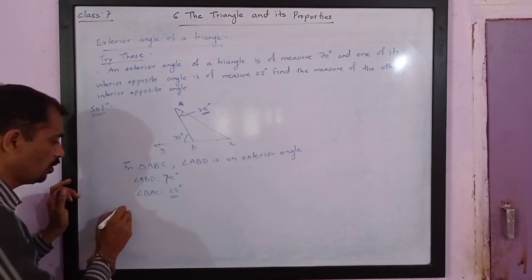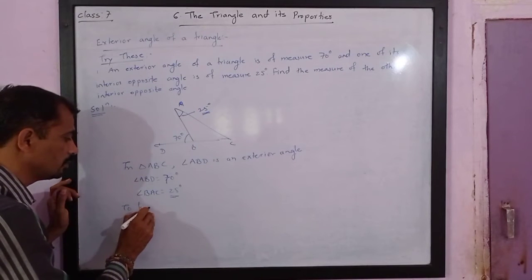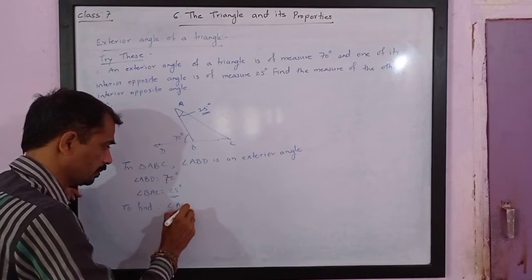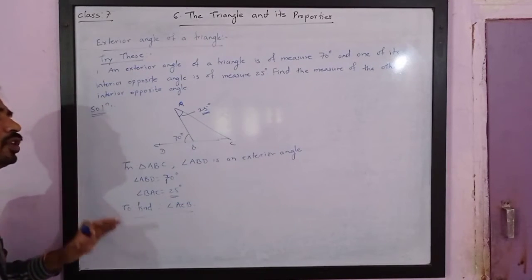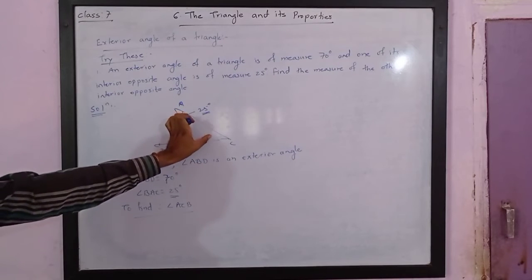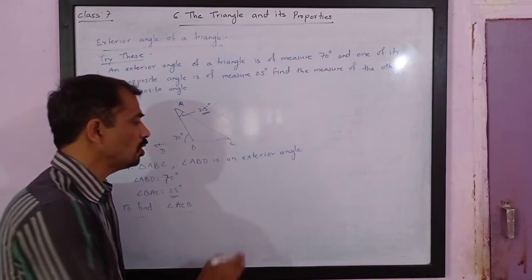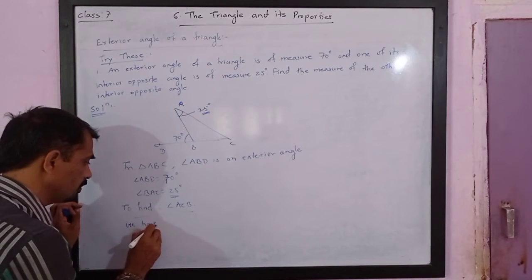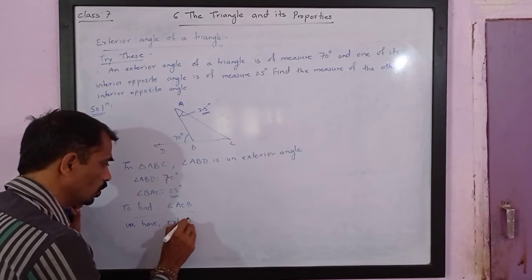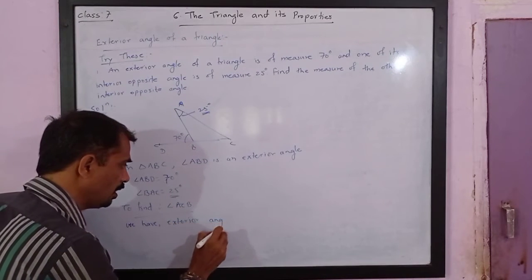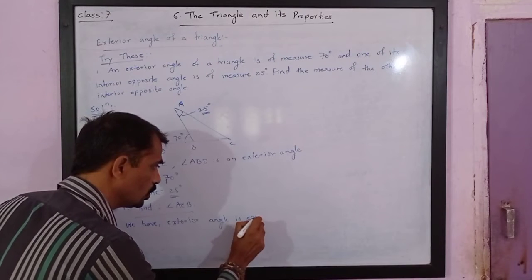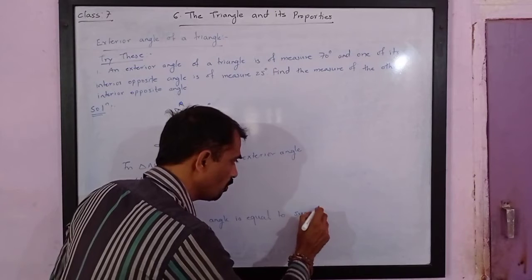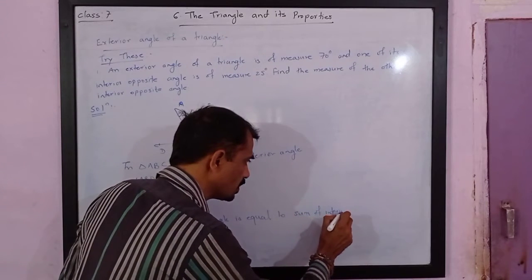We are asked to find the other angle, angle ACB. Now we know the property: exterior angle is equal to the sum of interior opposite angles.